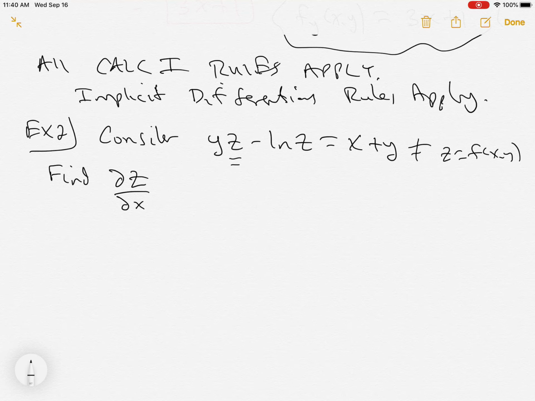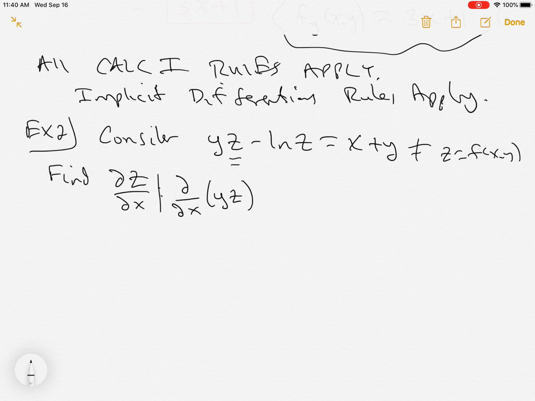All right, now you just have to think implicit and partial at the same time. But it's not the end of the world, right? So here's what we do. We use the operator d dx. And as I'm teaching, I'm going to write out all the steps.